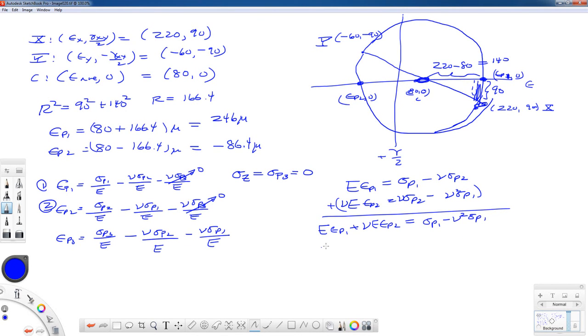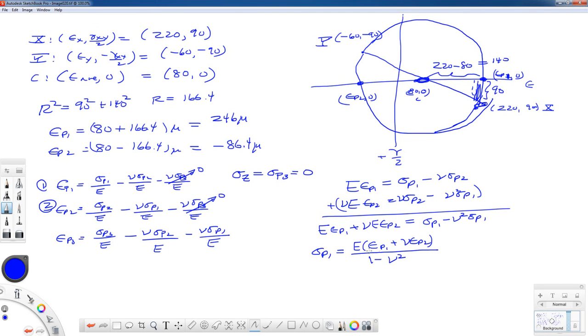If I solve for sigma P1, that's going to be equal to E times epsilon P1 plus nu epsilon P2, divided by 1 minus nu squared.